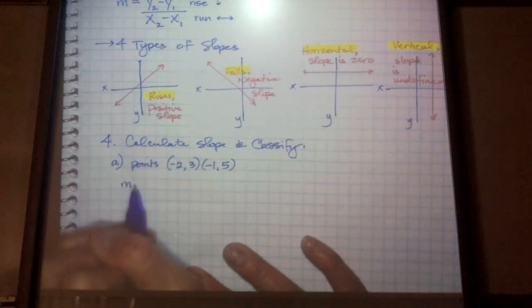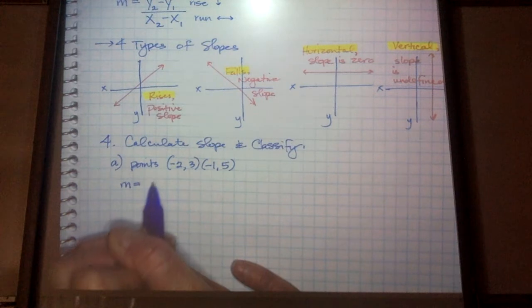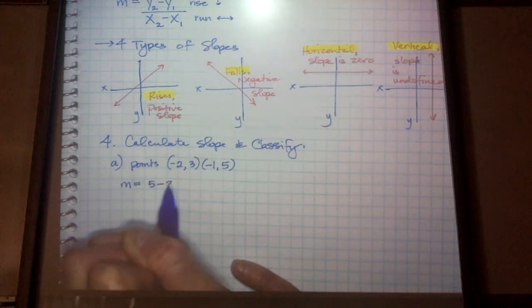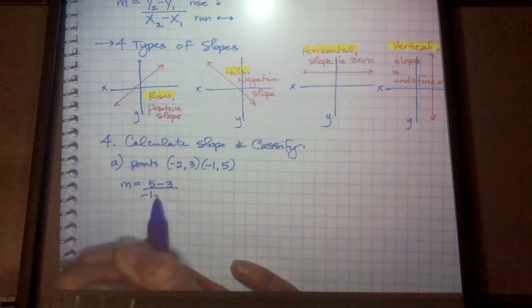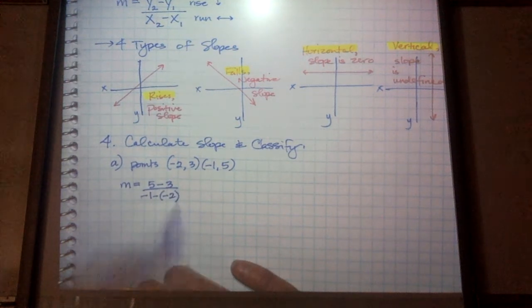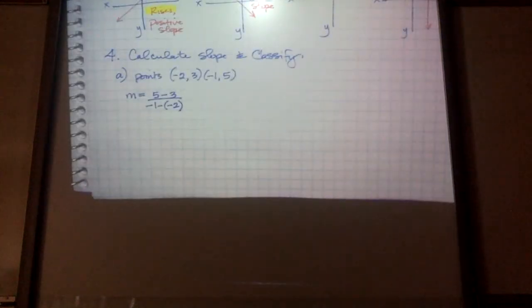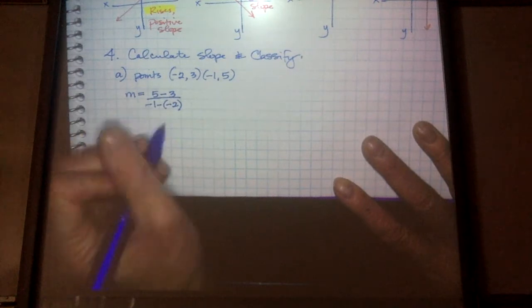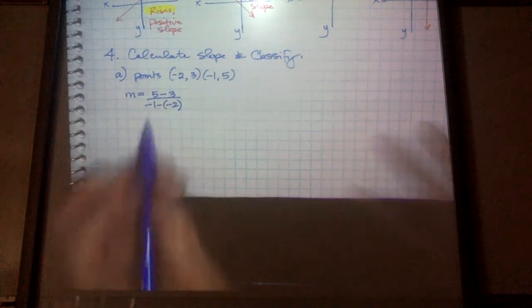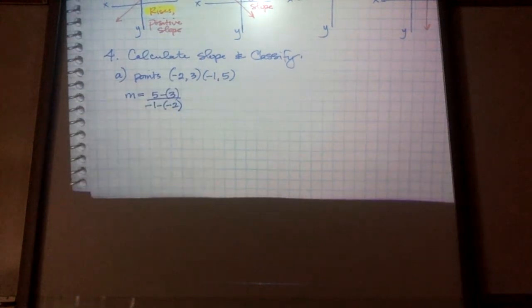So the first thing I'm going to do is calculate. So slope equals, I'm going to grab my y values. So 5 minus 3 over -1 minus -2. So I have plugged in my y values and I'm dividing it by my x values. Be careful with your negatives, okay? It's -1 minus a -2. So put the second value in parentheses if you need it.